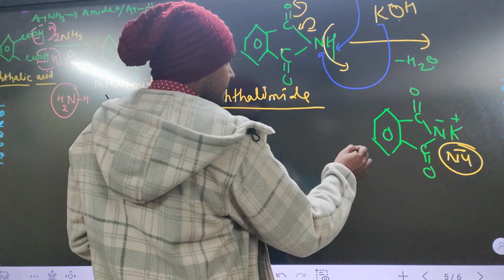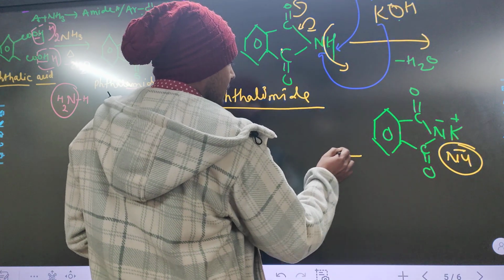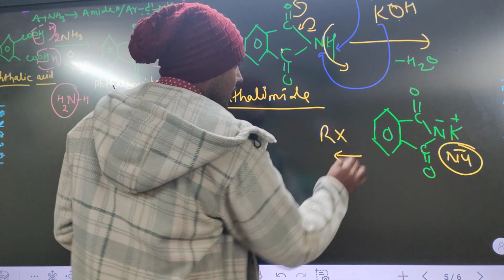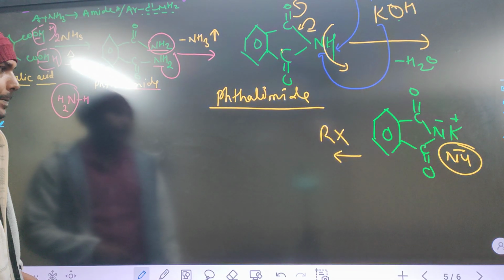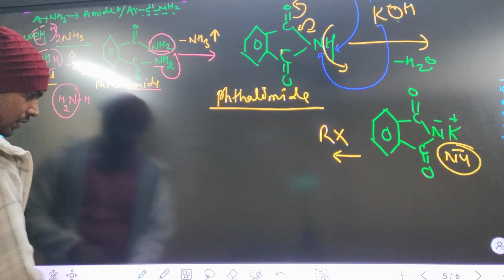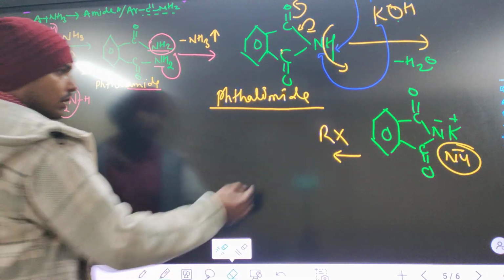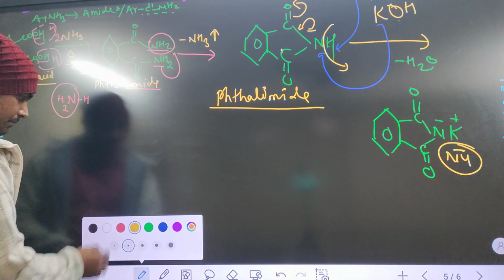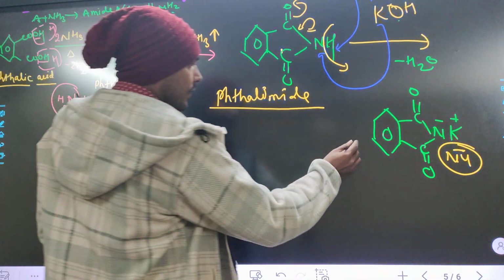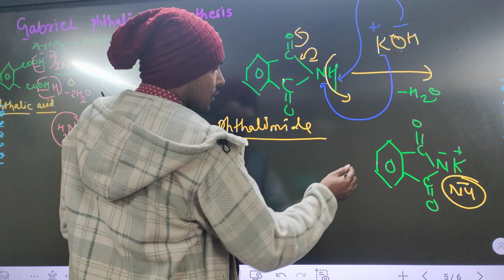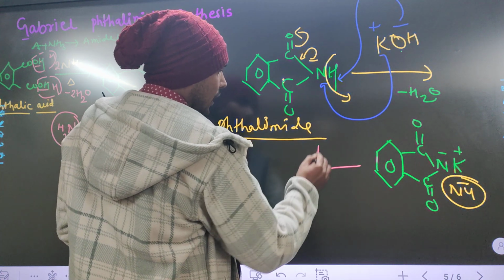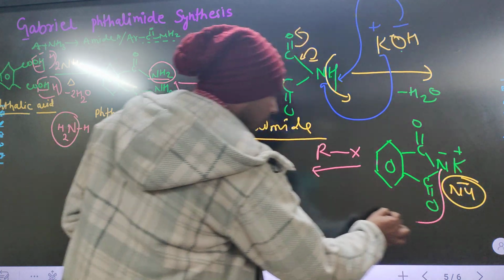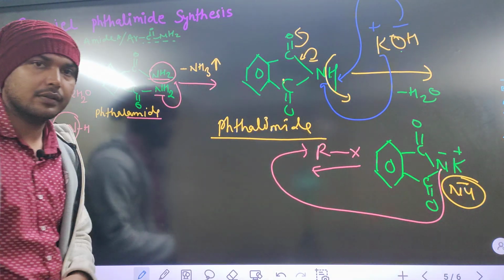I am putting RX. I think I should show a longer bond, in order to make it more clear. So I am making RX like this. This nucleophile will attack from the back side.